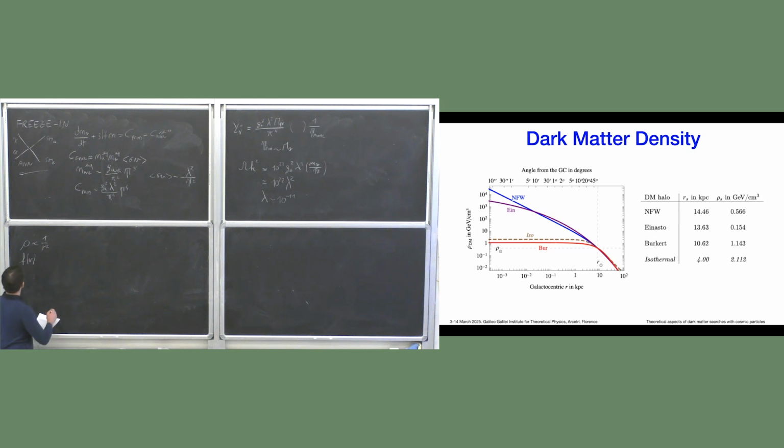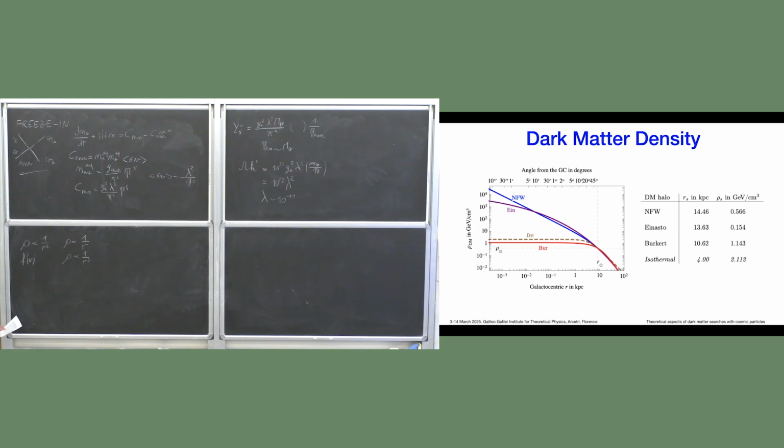And in order to find the correct density distribution and velocity distribution, you have to use numerical simulations, okay? So N-body simulations are basically telling us that in the inner part of galaxies, the density should be proportional to 1 over r. In the outer part of the galaxy, it should be roughly 1 over r cubed, okay?